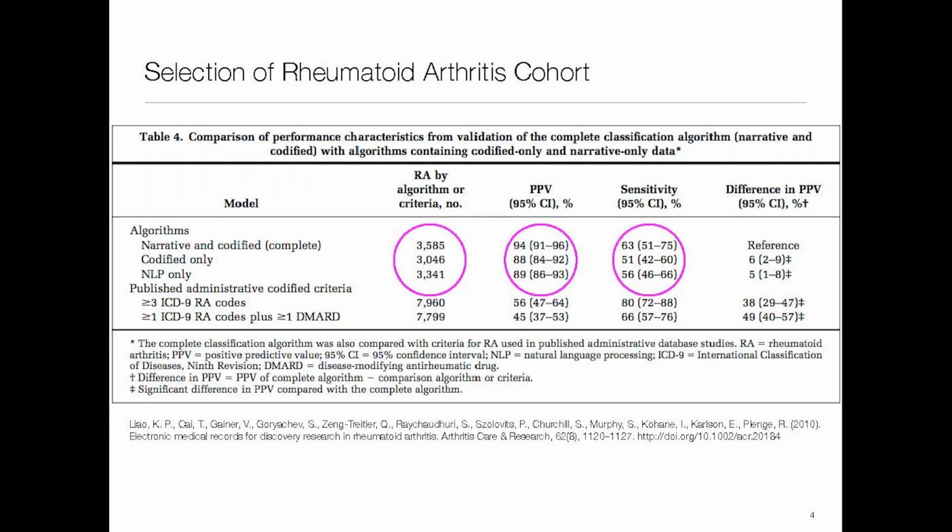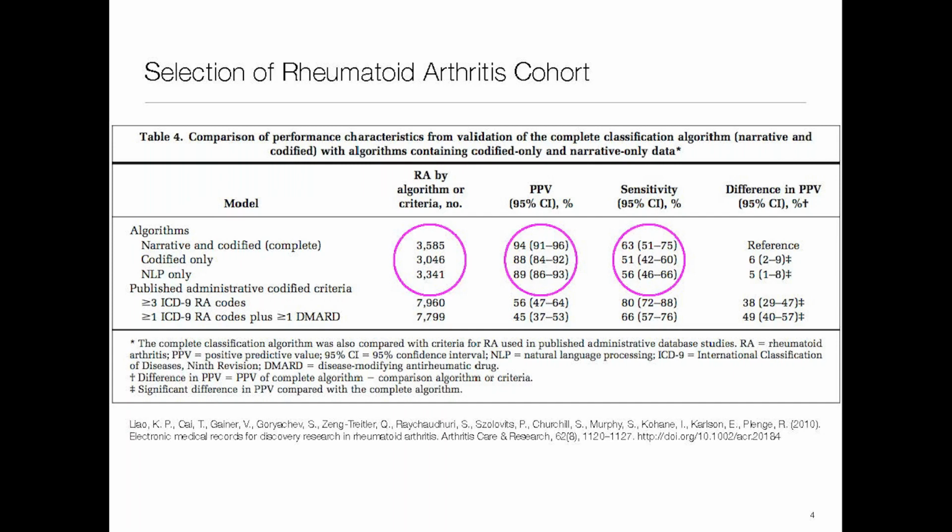And we said, well, how well could we do by, instead of looking at that codified data, looking at the narrative text in nursing notes, doctor's notes, discharge summaries, various other sources? Could we do as well or better? And the answer turned out that we were getting about 89% using only the natural language processing on these notes.